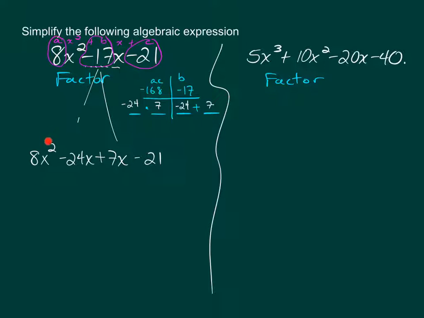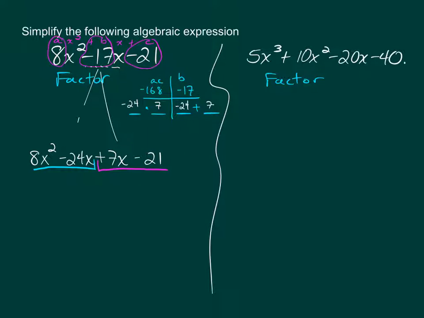So 8x squared here, minus 21 here. And we split these apart very specifically. So now what we will do is group the first two terms together and find a common factor. And we will group the last two terms together and find a common factor over here.